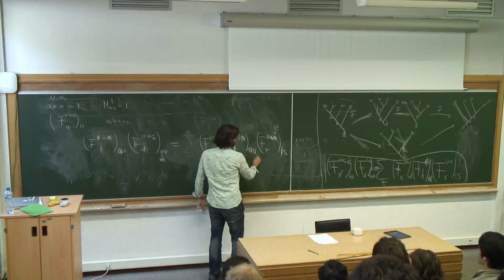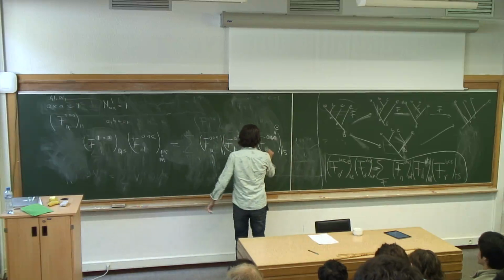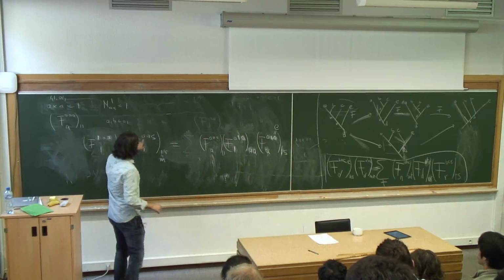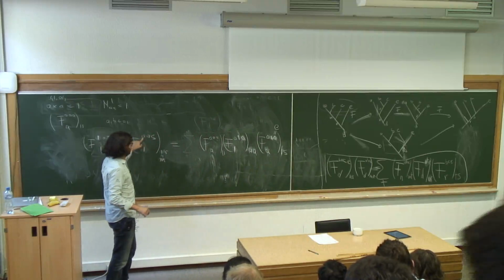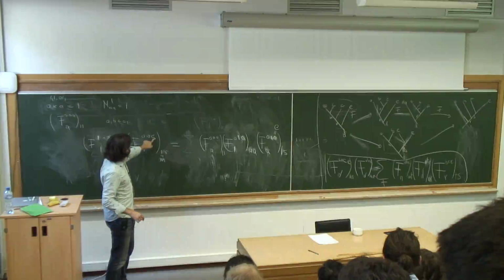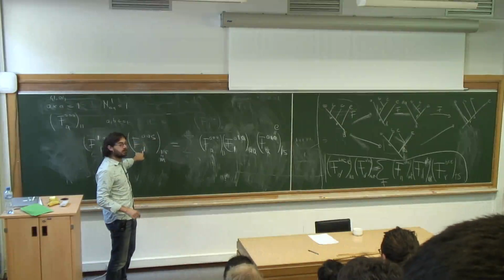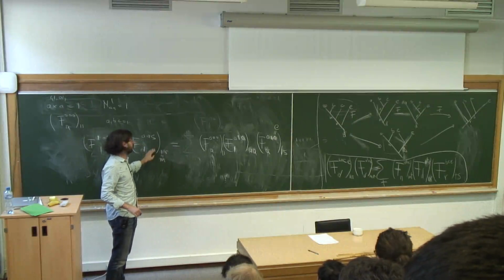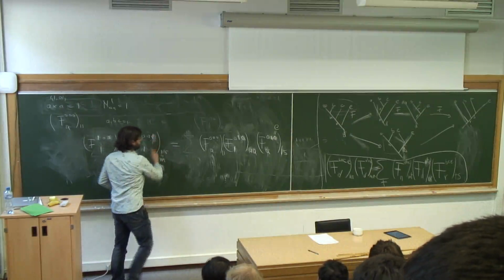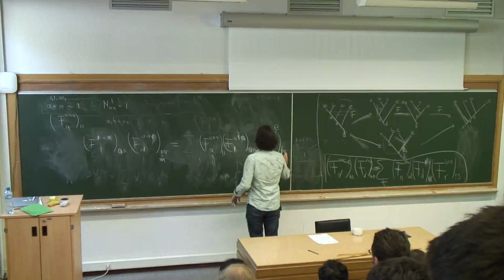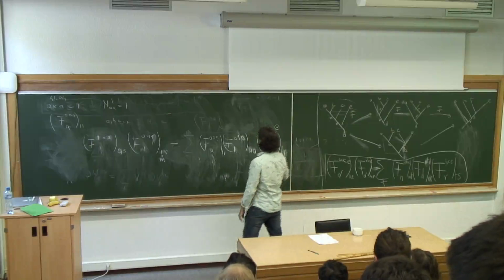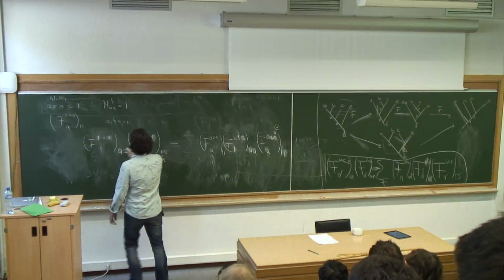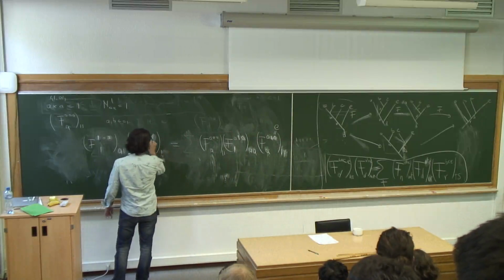So R is A. And A times A is equal to 1, but S times A times A has to be equal to 1, so S has to be equal to 1. Everybody agrees? Okay. And R is equal to A from here. So S is equal to 1 and R is equal to A.